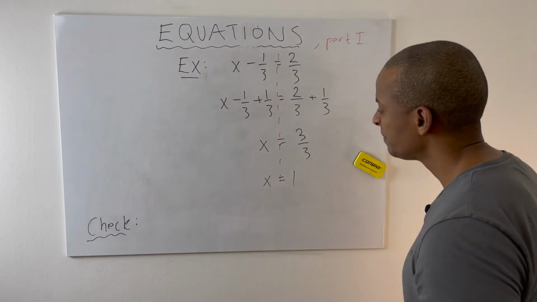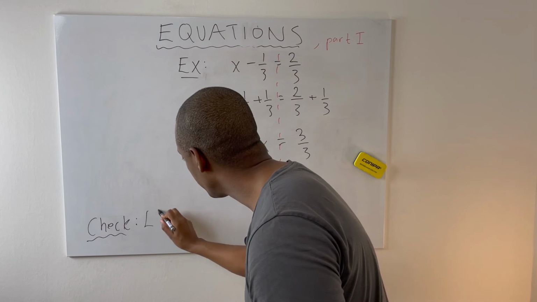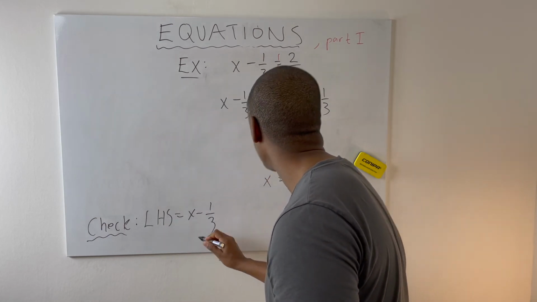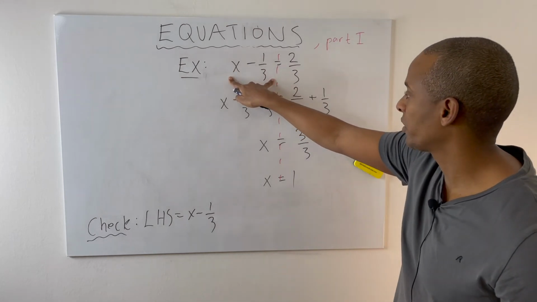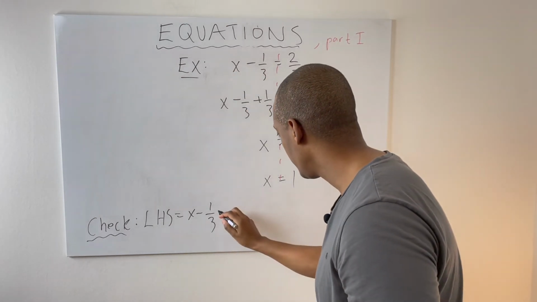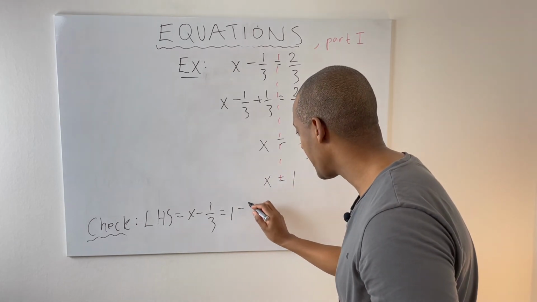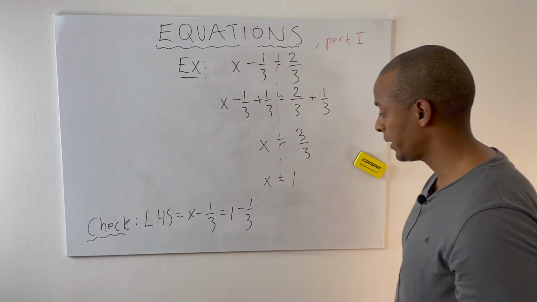Okay? On the left-hand side, we had x minus a third, right? This is what we had. This is how we started. X, we say, is 1, so it's going to be 1 minus 1/3, right?